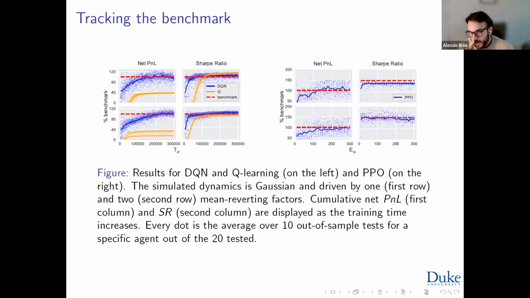But I think it's interesting also to look at the fact that when you look at the P&L, Q learning, the yellow line, achieves a suboptimal solution. And this is because of the curse of dimensionality. Essentially, given the amount of training periods, Q learning did not have time to explore enough of the table, which represents each entry of the possible state and action pair.